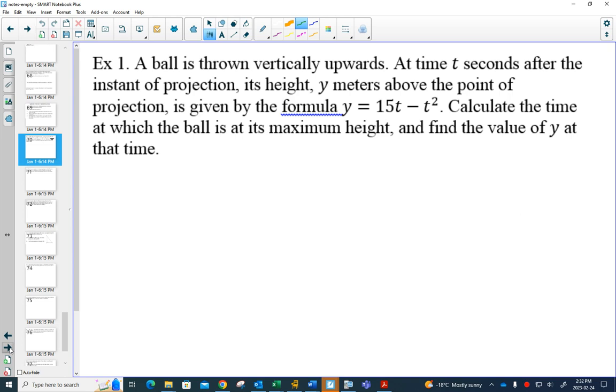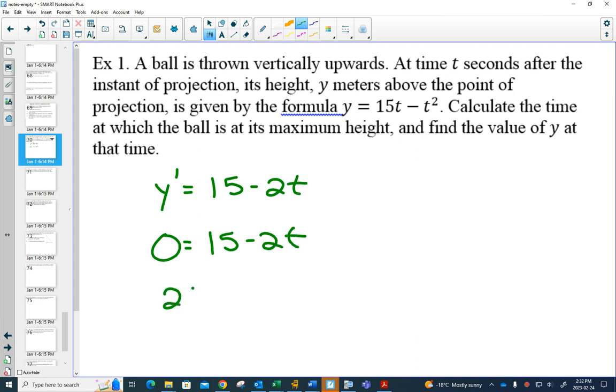Now that we have calculus, we can just find the derivative, set that derivative equal to 0, and we can find out that at 7.5 seconds, it will be at its maximum height.